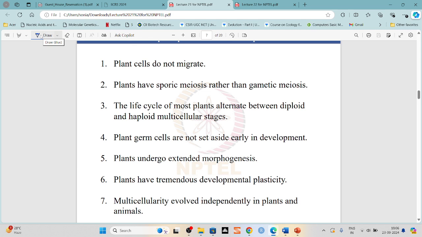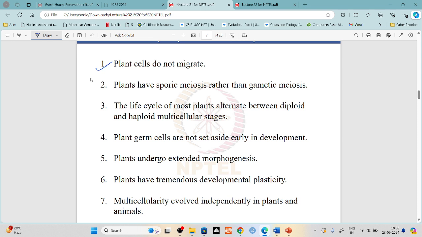First, plant cells do not migrate. Unlike animals, which can migrate from one place to another, plant cells do not migrate from one place to another. Second, plants have sporic meiosis rather than gametic meiosis.